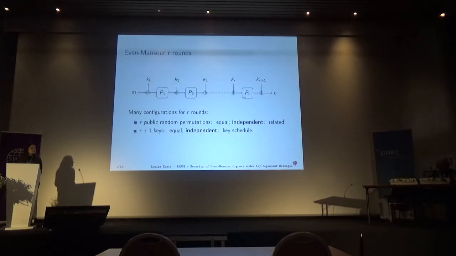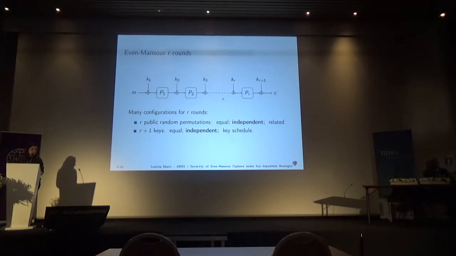So this analysis is about Even-Mansour. So you already saw this scheme. It's a really basic scheme based on random permutations. So the Even-Mansour ciphers can have any number of rounds. Here you can see the R-round Even-Mansour. Here it's a scheme with different random permutations and different keys.